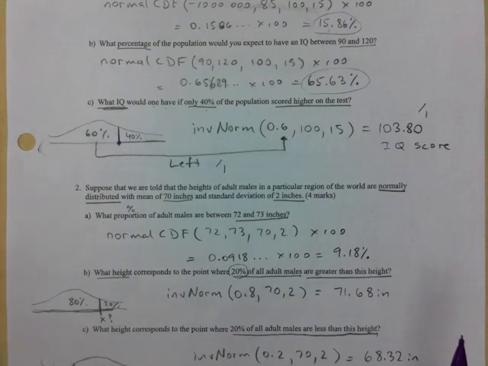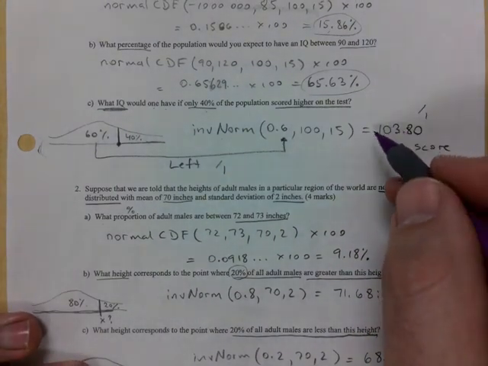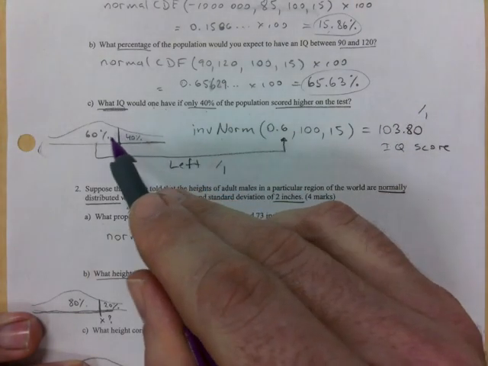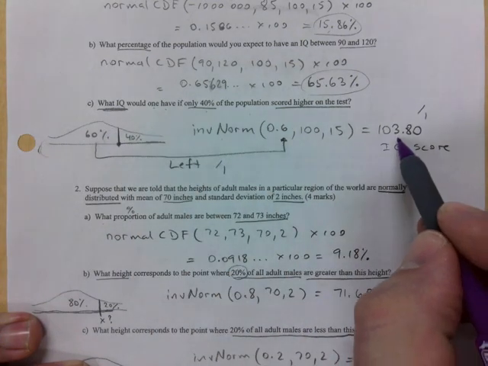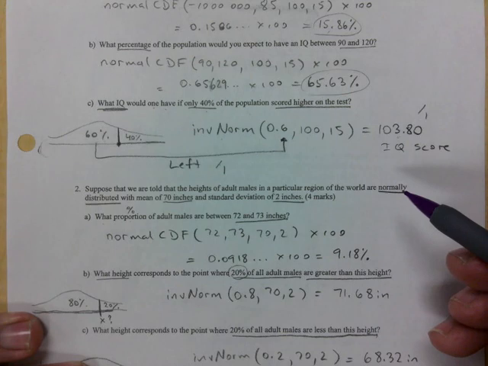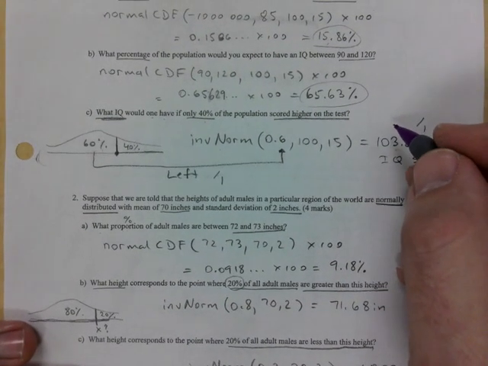What if they asked for the z-score, right? What would the z-score be so that 40% is above, or 60 below? Because remember, every value along the x-axis also has a z-score. Well, you have choices. You can use the formula, right?